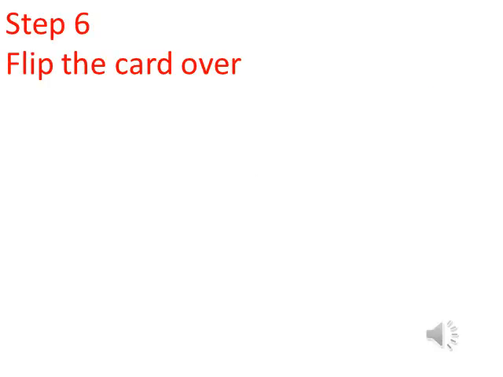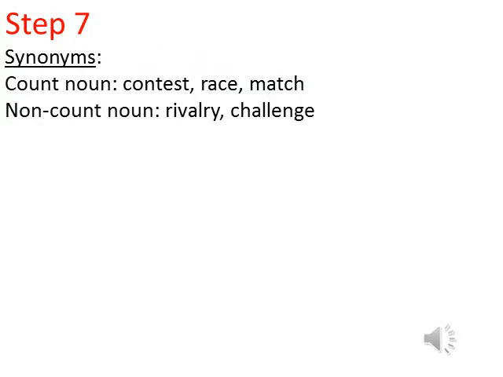Step 6. Now let's turn the index card over and put down more useful information. In step 7, let's look at the synonyms of this word. You might find several in your dictionary, but please use no more than 4 words. Competition can be a count noun or a non-count noun. Therefore, let's jot down synonyms for both.